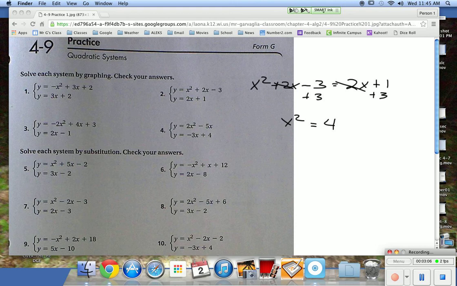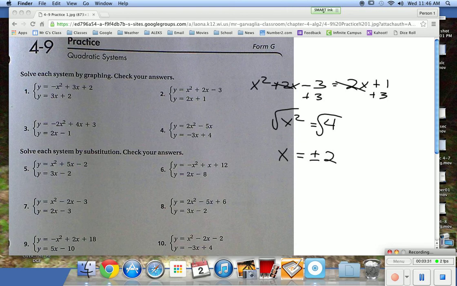What does x equal? If I square root both sides, x equals plus or minus 2. Starting to look kind of easy?